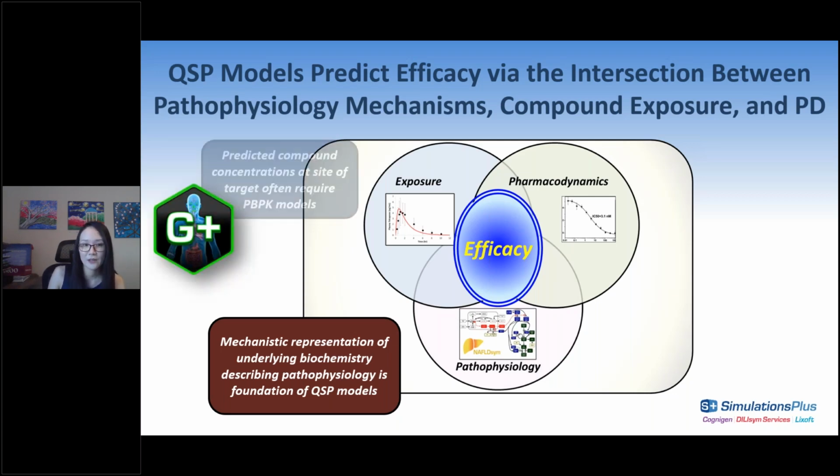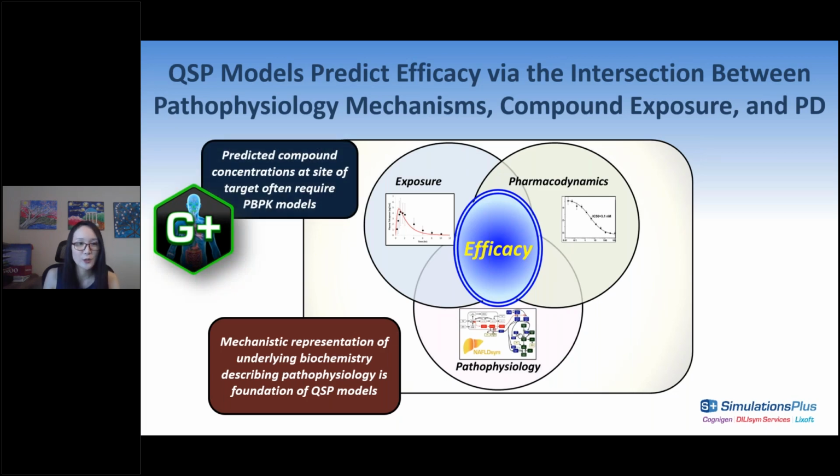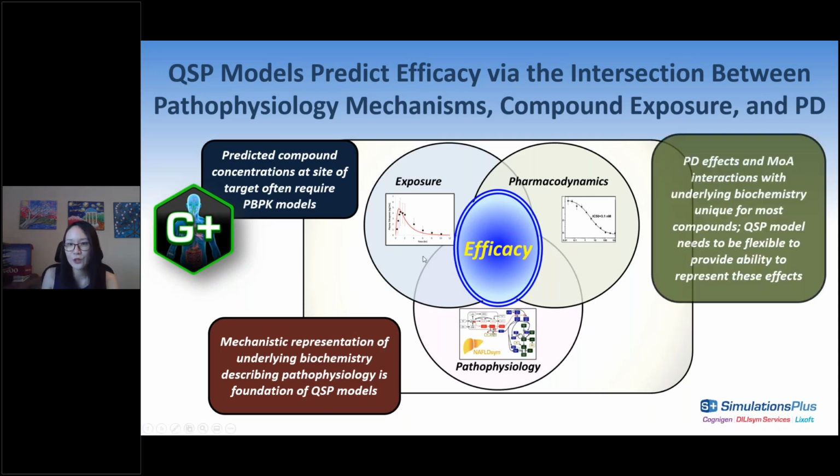To predict drug efficacy, we start with drug exposure, and the drug exposure at the site of action is predicted by PBPK modeling. You will hear from Viera about the PBPK modeling approaches soon. We combine drug exposure with its PD effects or mechanism of action, which dictates how it interacts with the underlying biochemistry and pathophysiology of a certain disease to provide treatment benefits.